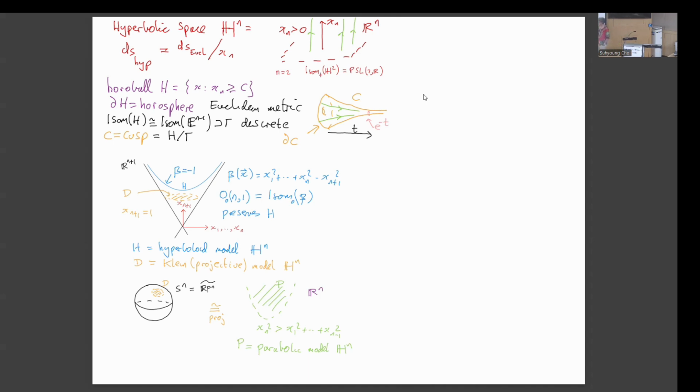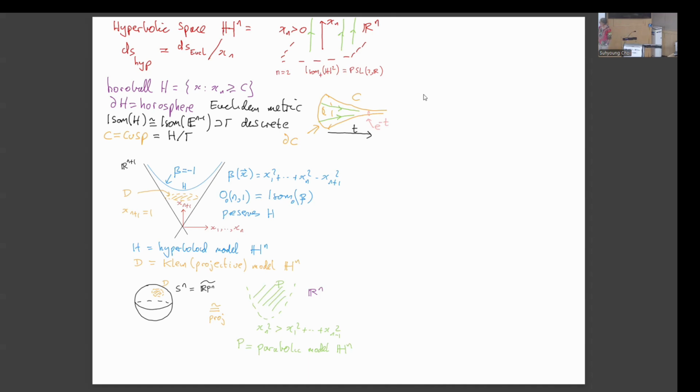So here's a picture. The double cover of projective space is the sphere, and here I've just drawn a lift of this Klein model of projective space to the sphere. So it's an n-dimensional disk sitting in this n-dimensional sphere, the double cover. There's another model of hyperbolic space in projective space called the hyperboloid model.